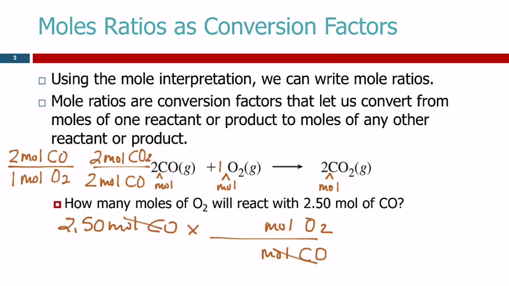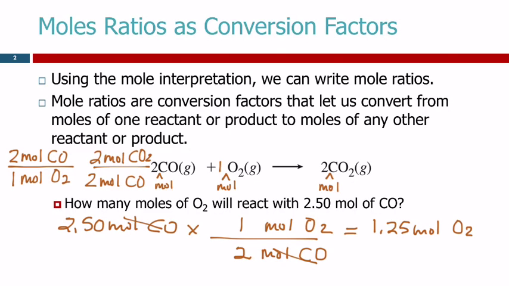The relationship between moles of oxygen and moles of carbon monoxide is in the chemical equation. 2 moles of carbon monoxide to 1 mole of oxygen. And so what do I end up with here? I have 1.25 moles of oxygen.